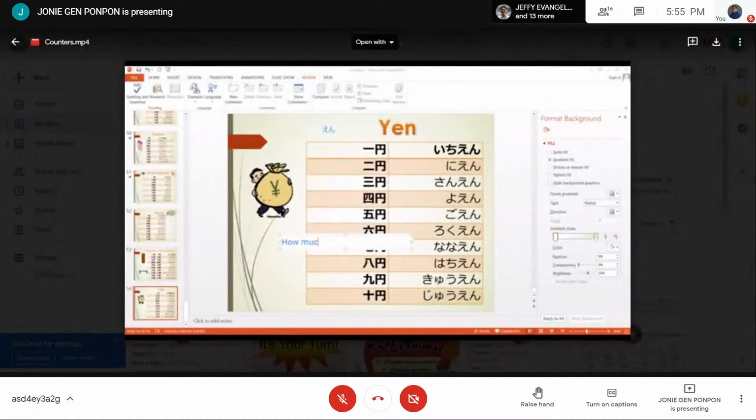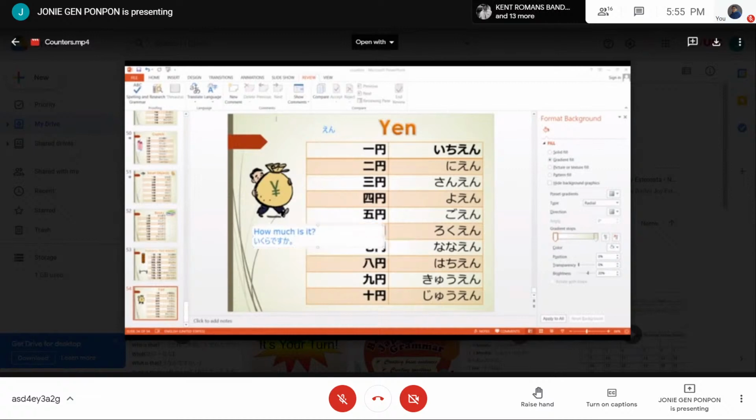So in Nihongo, it is ikura desu ka? Walang ganun ha. The question for yen is ikura desu ka?